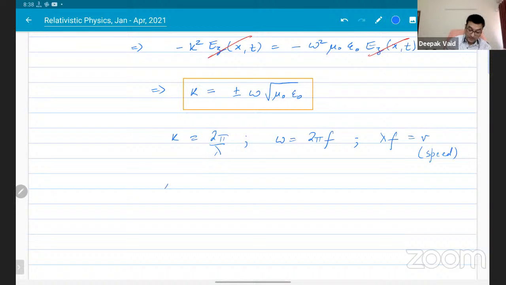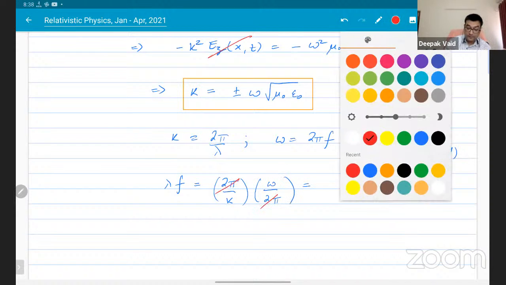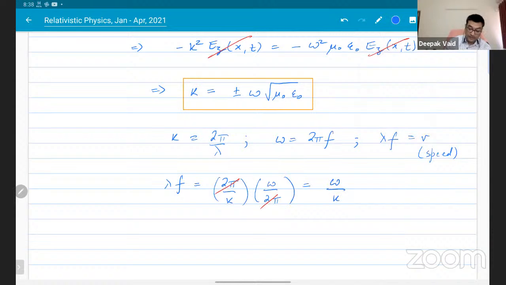So what is lambda times f? Lambda is 2 pi by k, and f is omega by 2 pi. So this becomes omega by k is equal to v.